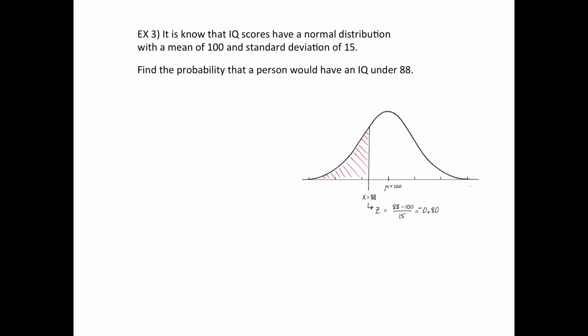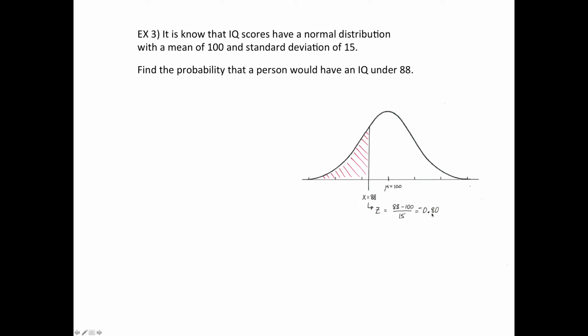And another one with the IQ scores, the same information, but this time what's the probability that somebody has an IQ under 88? So draw the picture, always have the mean in the middle, then we do the z-score, and it turns out because this score is on the left, this is then a negative.